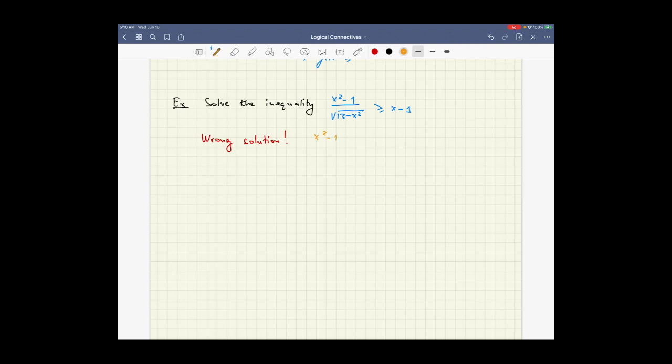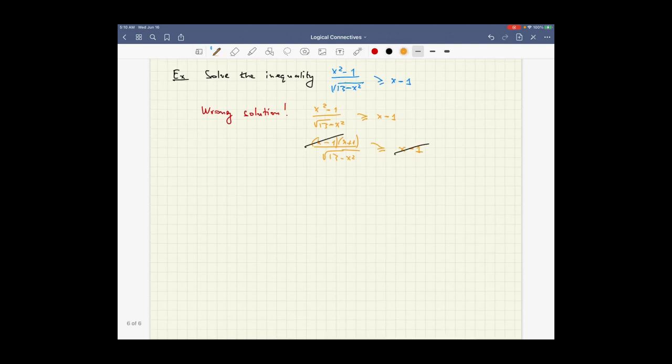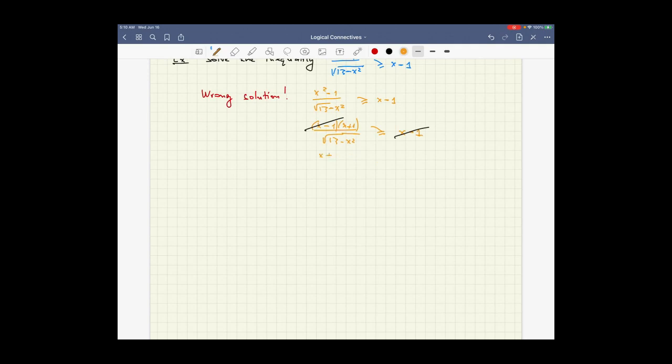We factor out x squared minus 1 on the left, to write x minus 1, x plus 1, and cancel out by x minus 1 on each side. That would give me x plus 1 over root 13 minus x squared greater or equal than 1.